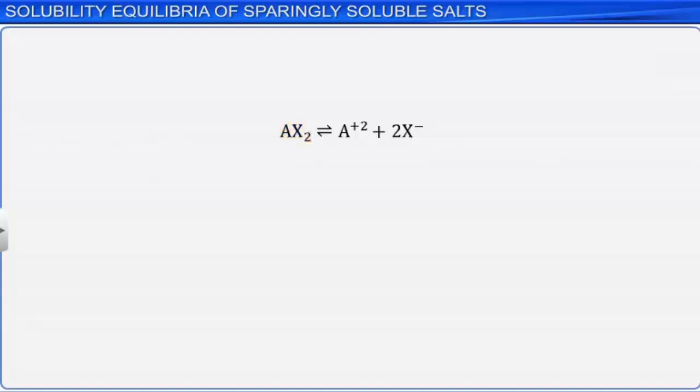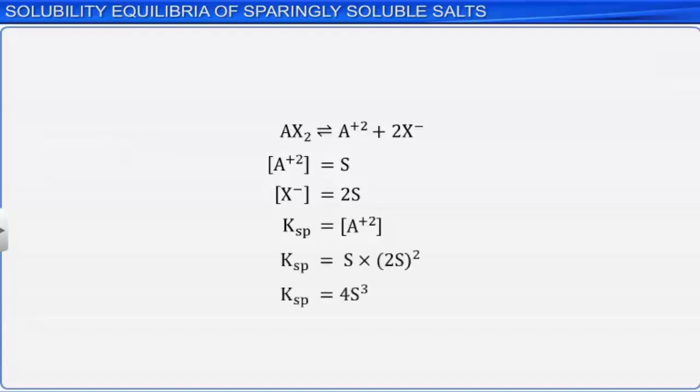The equilibrium reaction for this dissociation may be represented as AX2 in equilibrium with A2+ and 2X−. The solubility product Ksp for the salt AX2 can be written as Ksp is equal to the product of the concentration of A2+ and X− raised to the power of 2.